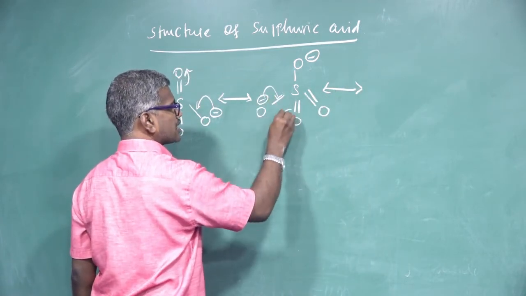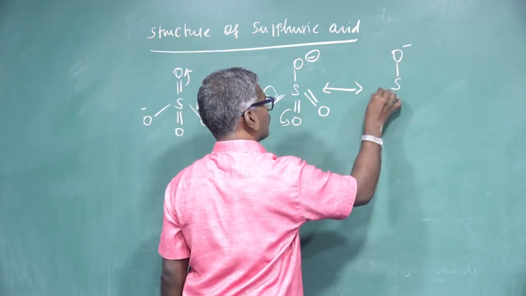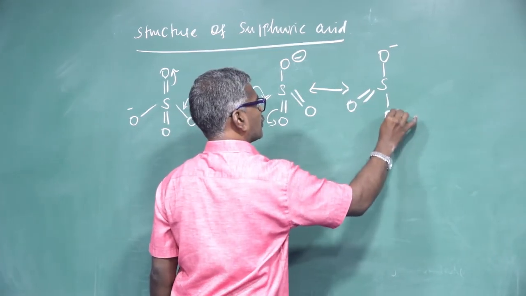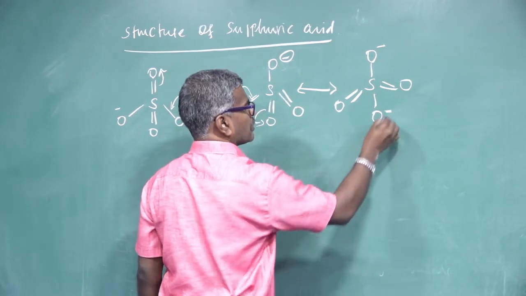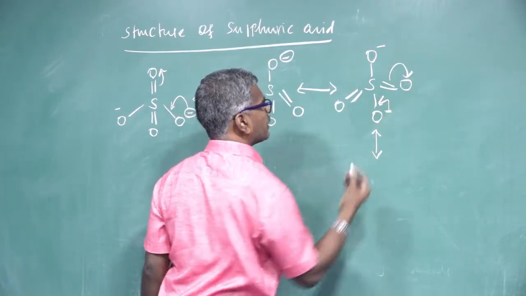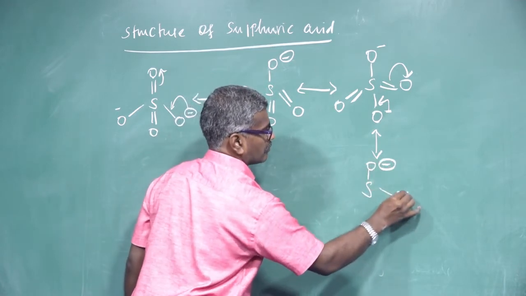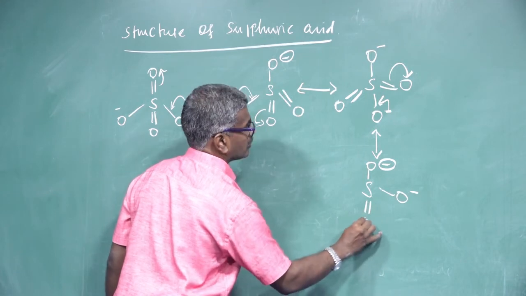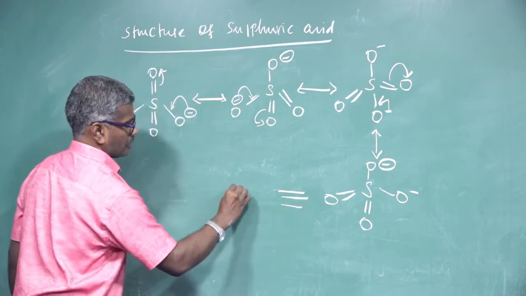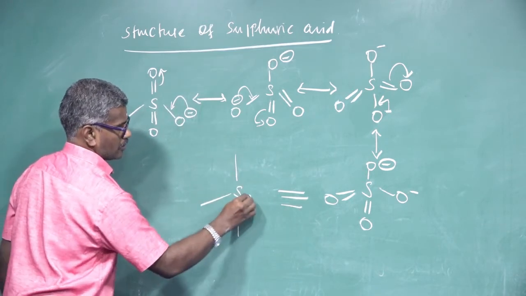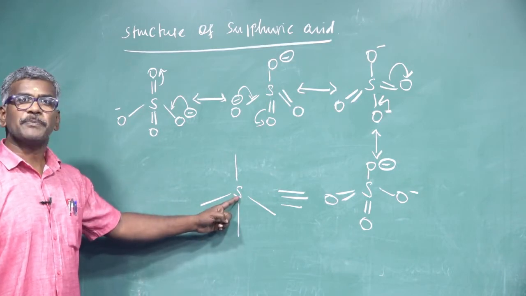This bond is shifted here and this one breaks. This is shifted here, this breaks. Sulfur exhibits tetrahedral geometry, sp3 hybridization.